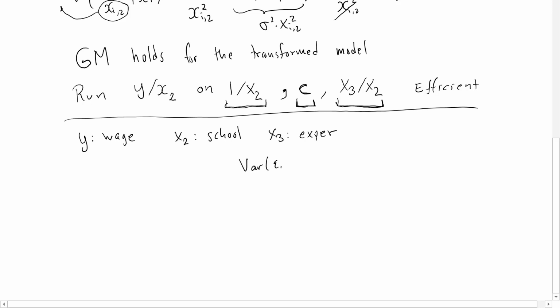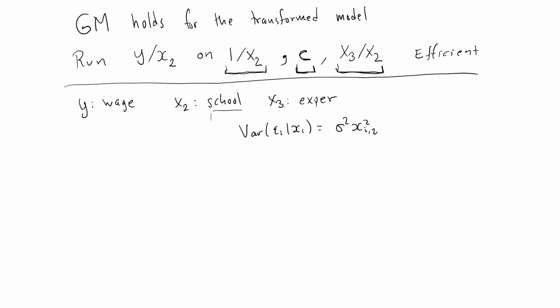Let's say that we have heteroscedasticity, so that the variance of the error term given xi is, let's say, sigma squared times xi2 squared. So the number of years in school is the variable that affects the variance. Probably not going to be the case, but it doesn't matter. I just want to illustrate the procedure.